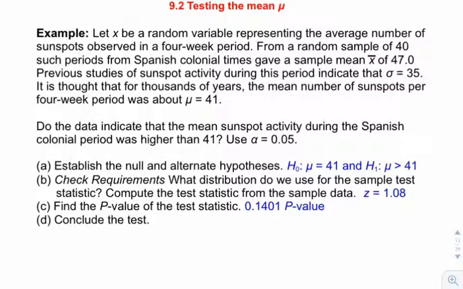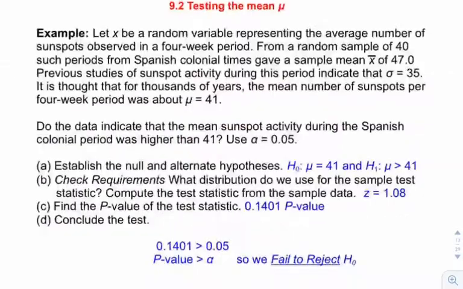Okay, so to conclude the test, that means we have to decide whether we're going to reject our null hypothesis or fail to reject our null hypothesis. So we compare our p-value and our alpha. Our p-value is on the left, alpha is on the right. So this says 14%. So there's a 14% chance of getting a mean which is at least 47.